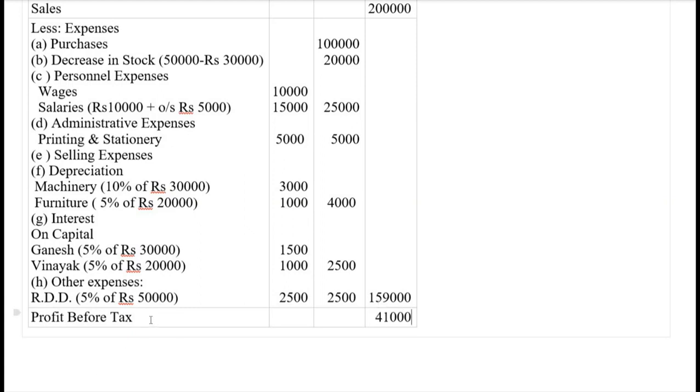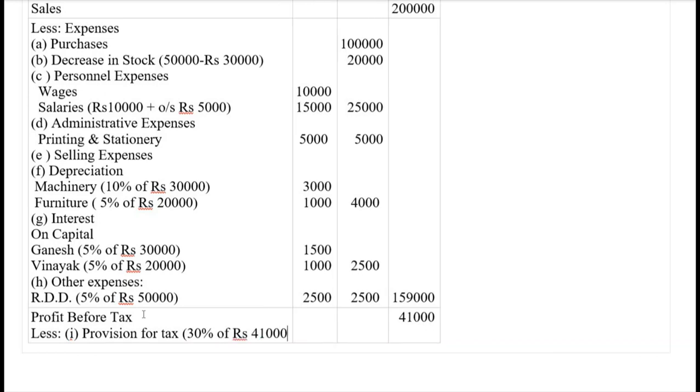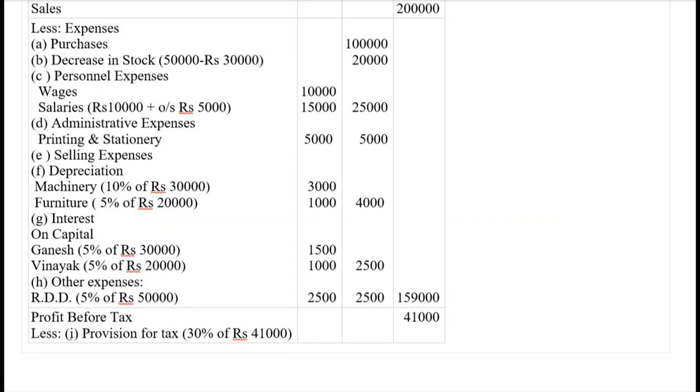Then from this we should deduct, that is I, the continuation of the alphabet here, provision for tax, which is to be calculated at the rate of 30%. So 30% of the available profit, 41,000, comes to rupees 12,300.